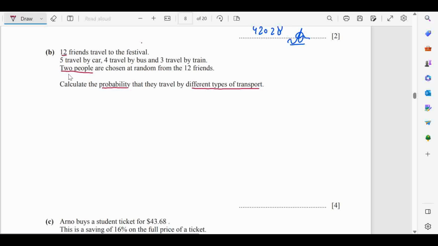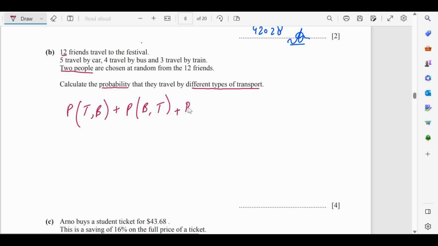We are choosing 2 people, so maybe the first one will be train and bus, plus it is possible that it will be bus and train. First person is bus and second is train.